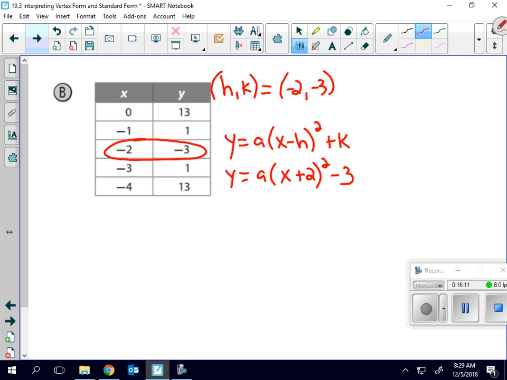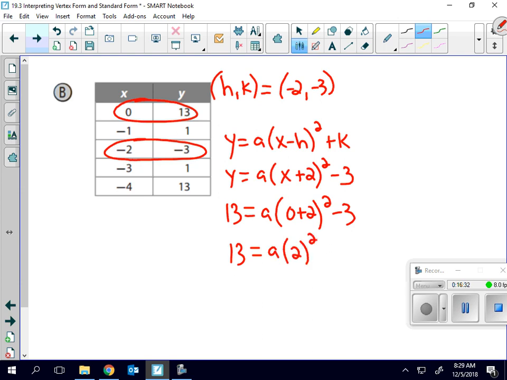And now pick any other point to plug in for y and x, and I usually just end up picking the first point. It really doesn't matter which point you use. So I'm going to plug in 13 for y and 0 for x. 2 squared is 4. I'm going to write this as 4a just to skip a step here.